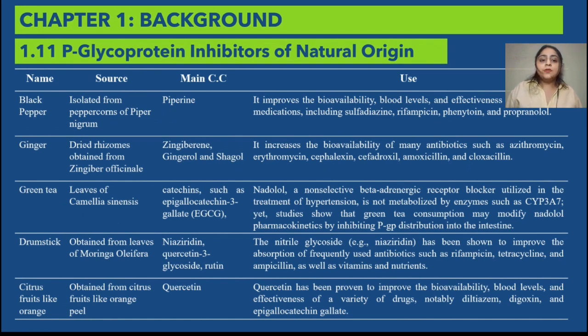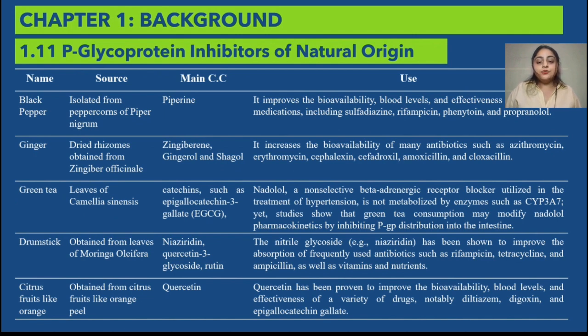So black pepper, as we can see here, has improved the bioavailability of many medications such as sulfasalazine, rifampin, phenytoin, and propranolol. Then ginger, which increases the bioavailability of many antibiotics such as azithromycin, erythromycin, cephalosporin, etc. Then green tea, which has been proven to increase the bioavailability of nadolol.